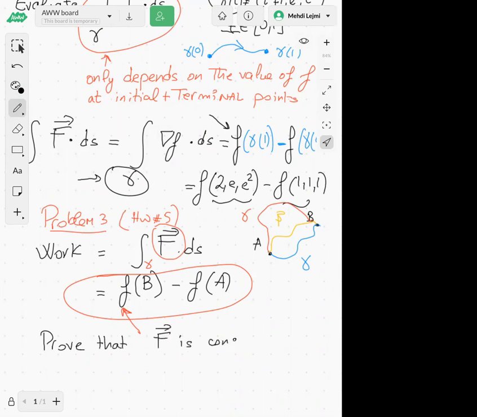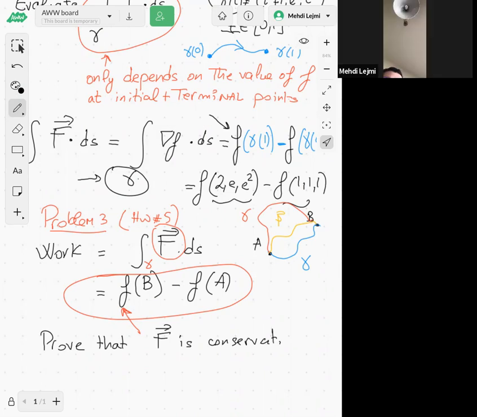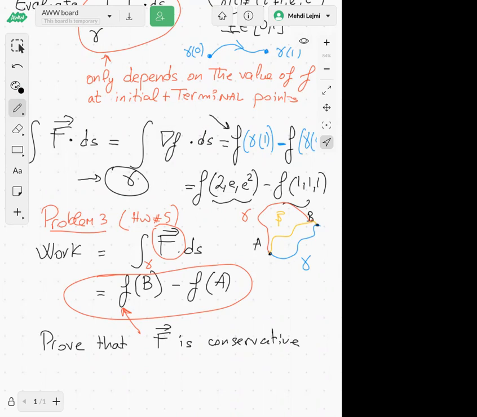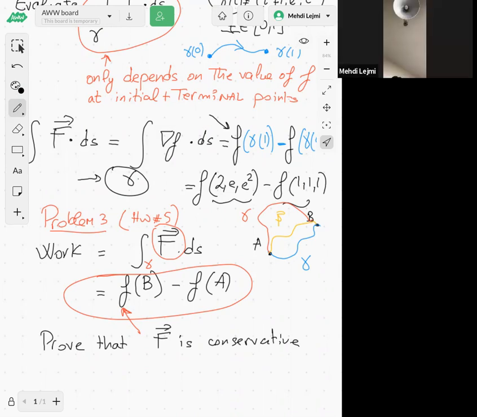That was the first part. It's just that in this problem number 3, it doesn't say what steps you need to do. But it's the same steps as problem two. You have to prove that F is conservative. You have to find this function f, such that vector field F is the gradient of this lowercase f.